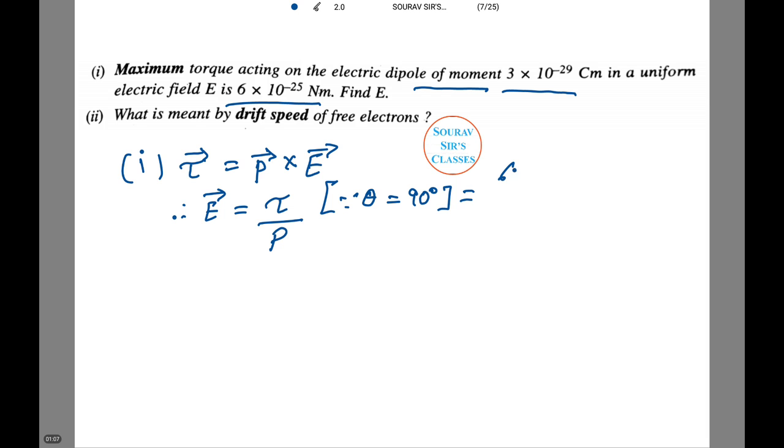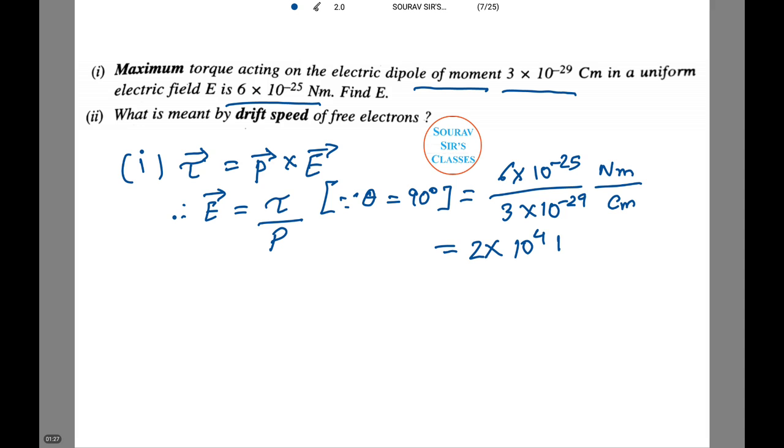Therefore, 6 into 10 to the power minus 25 by 3 into 10 to the power minus 29. This is in Newton meters and this is in Coulomb meters, which gives 2 into 10 to the power 4 Newton C to the power minus 1.